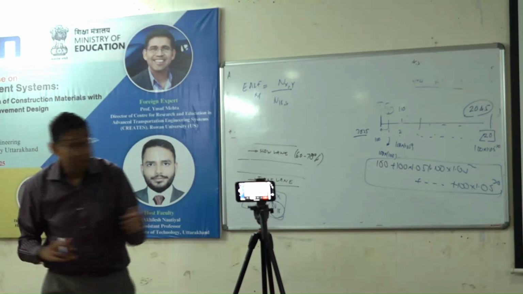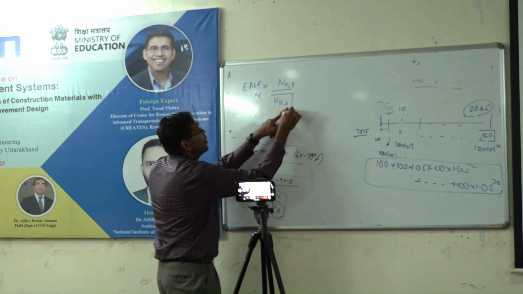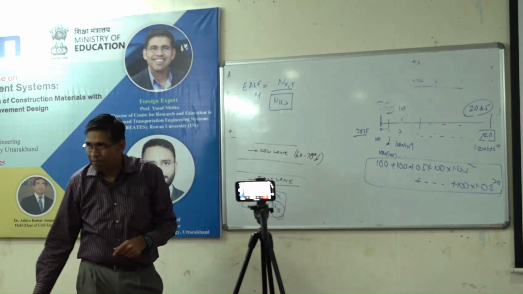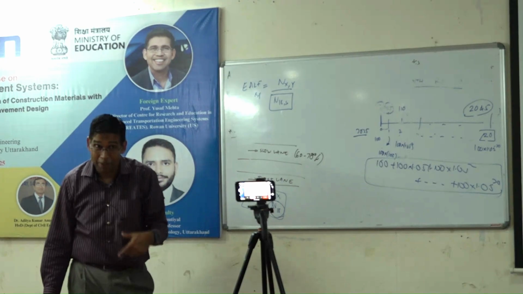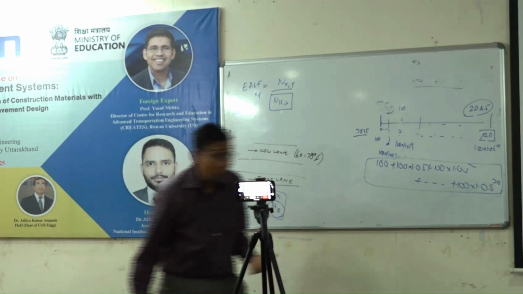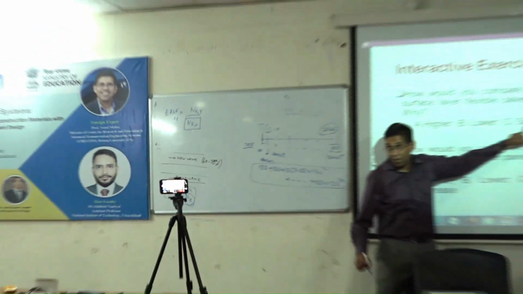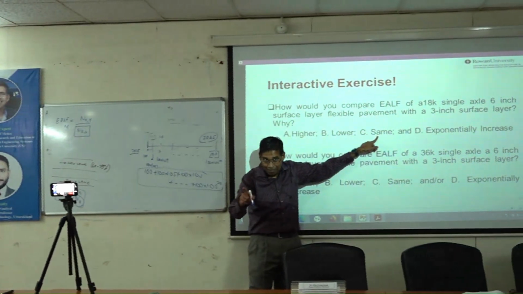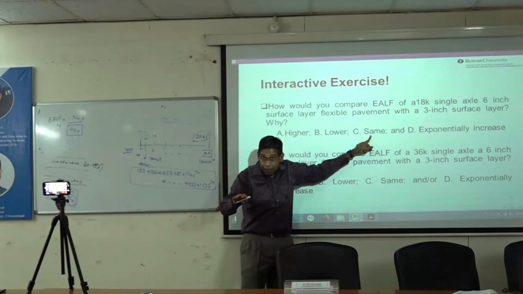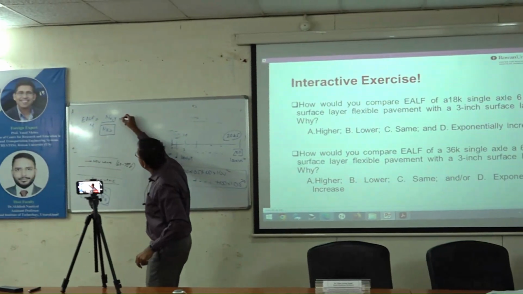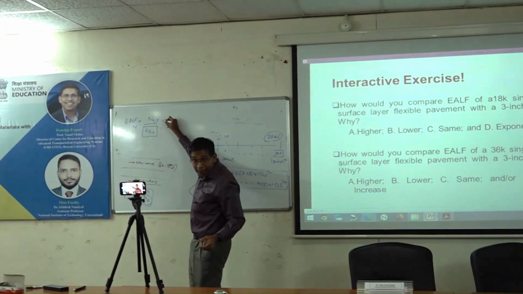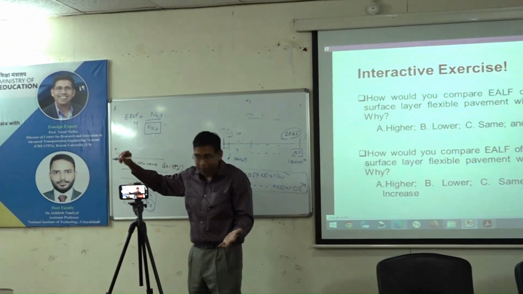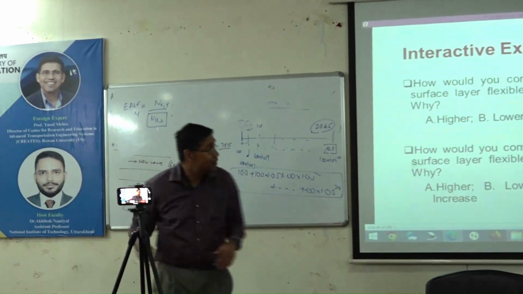It will be the same, because by definition this is always in the denominator. It's a trick question, but if you understand the concepts, this will always be the same for an 18 kip single axle. Does that make sense? So for an 18 kip single axle, these two numbers will match. By definition, it will always be 1. Correct? Everybody understand that?